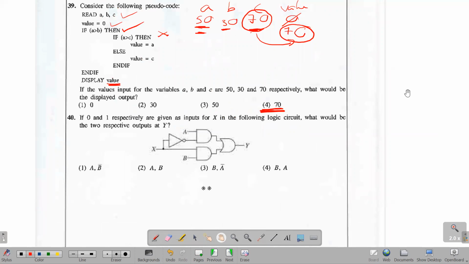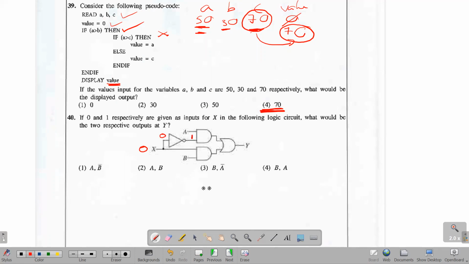40th one, if 0 and 1 respectively are given as inputs for X in the following logic circuit, what would be the two respective outputs at Y? Yes, please, give me a minute, I will come. Okay, so we have to check by giving 0 and 1 respectively to the X. So if I provide 0 over here, this is going to take the 0 and give you 1.